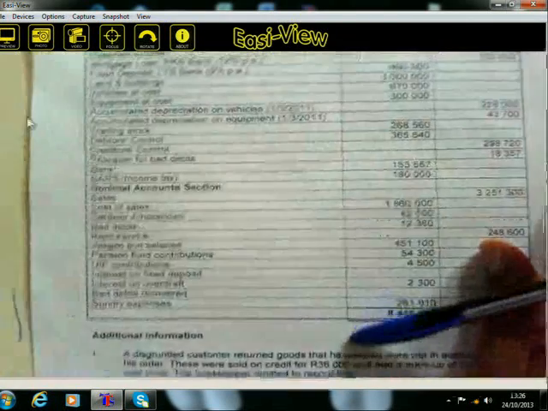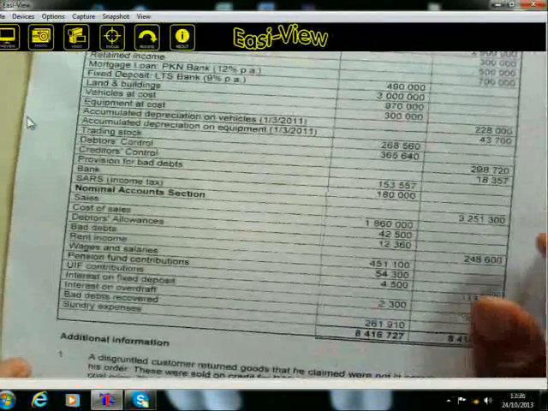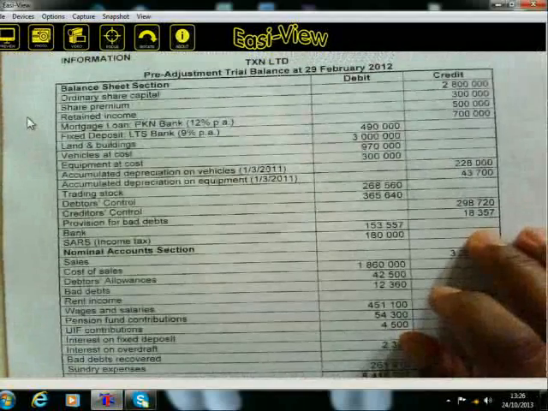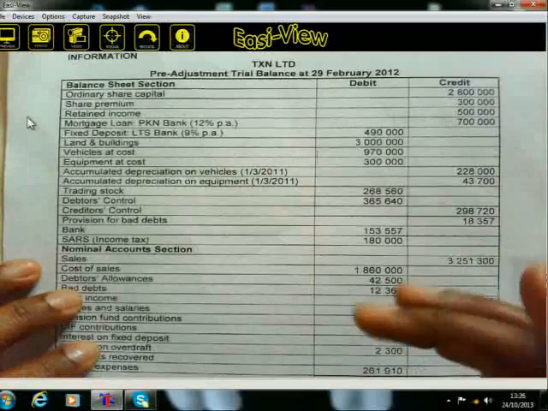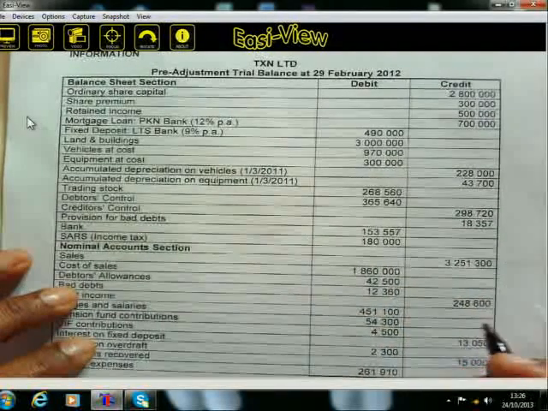Before we start with this, let me put an emphasis that when we do the additional information or the adjustments, it's important for a learner to know the accounting period.